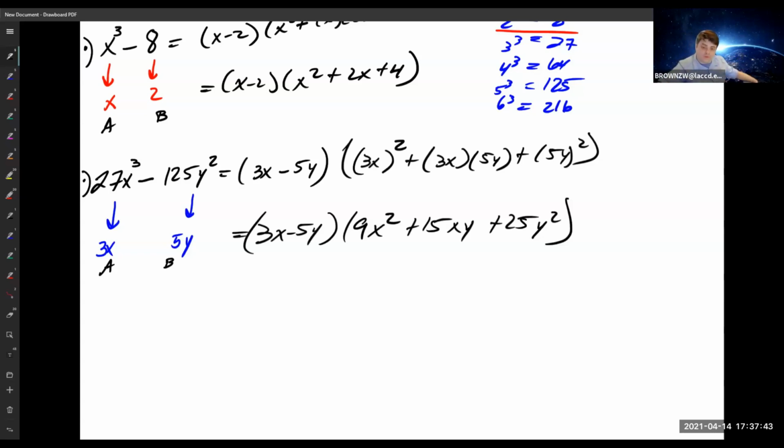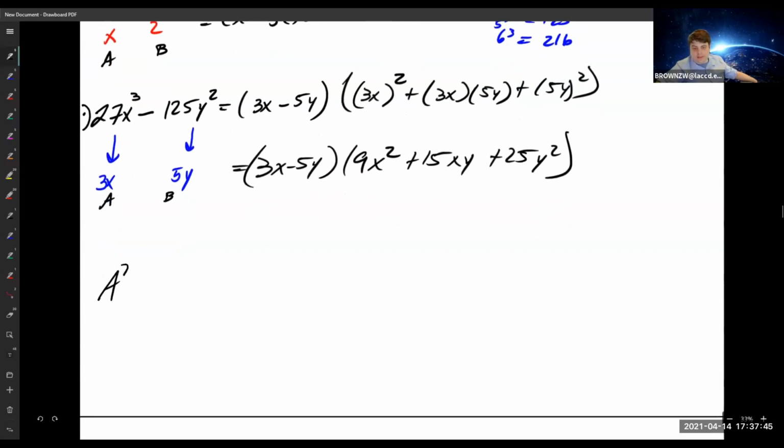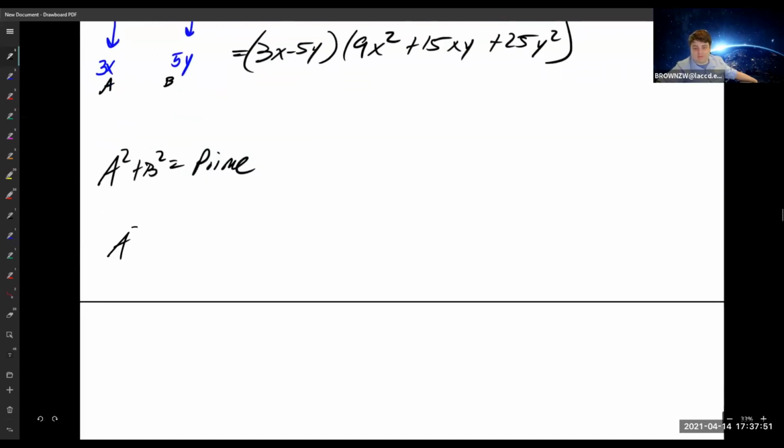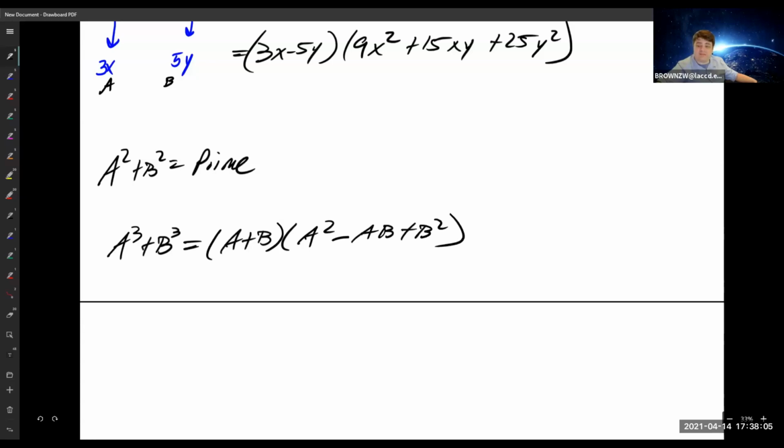Now, before, when we had a squared plus b squared, that was prime. As it turns out, if you take this up to a cubed, you actually can factor this out. And here's going to be the formula for that. We basically flip two signs.